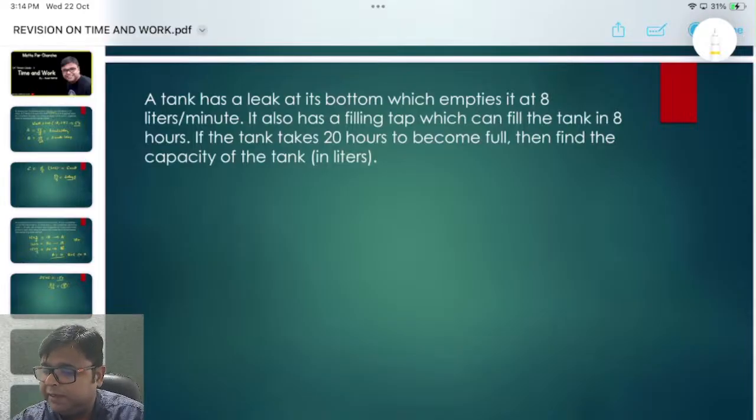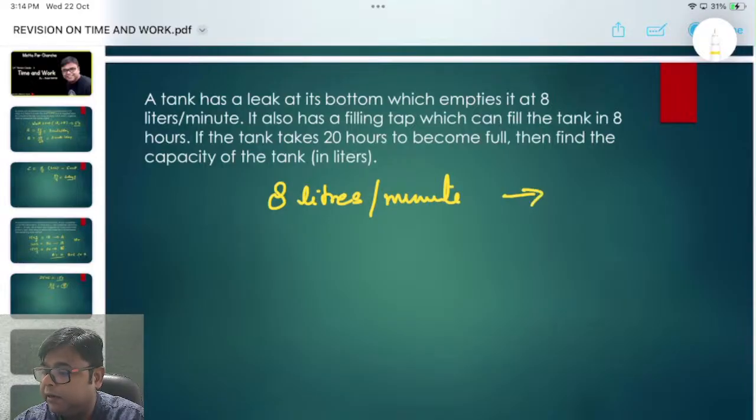Chalo, I'll explain. They're saying a tank has a leak at its bottom which empties it at 8 liters per minute. So the efficiency is 8 liters per minute, but it is an outlet, right? It also has a filling tap which can fill the tank in 8 hours.